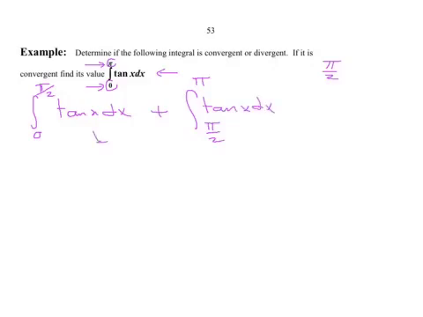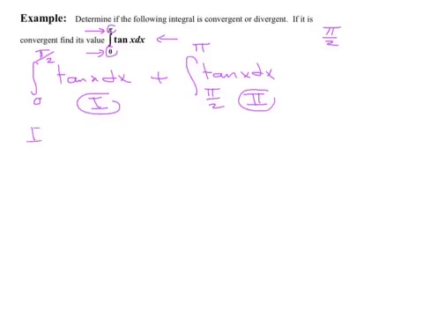Now we have two integrations which we have to calculate. If the first one is divergent, then we stop and say the integration is divergent. Now the first one, this is the limit when r goes to pi divided by 2. That's the reason we put pi divided by 2 as the upper and lower limit, because we have discontinuity, so we can replace it by r now, from 0 to r.